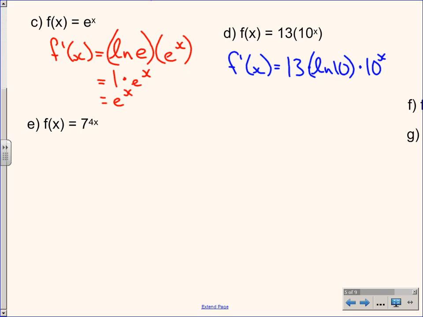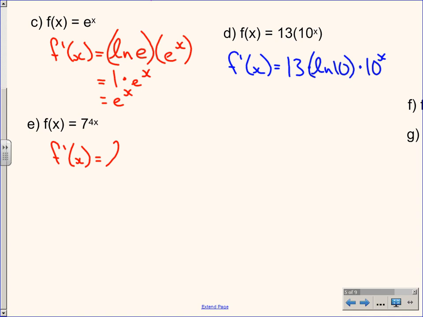This one's a little bit harder, because now we're into chain rule stuff again. It's 7 to the power of 4x. So the chain rule says do the derivative of the outside times the derivative of the inside. The derivative of the outside is that 7 to the x function.